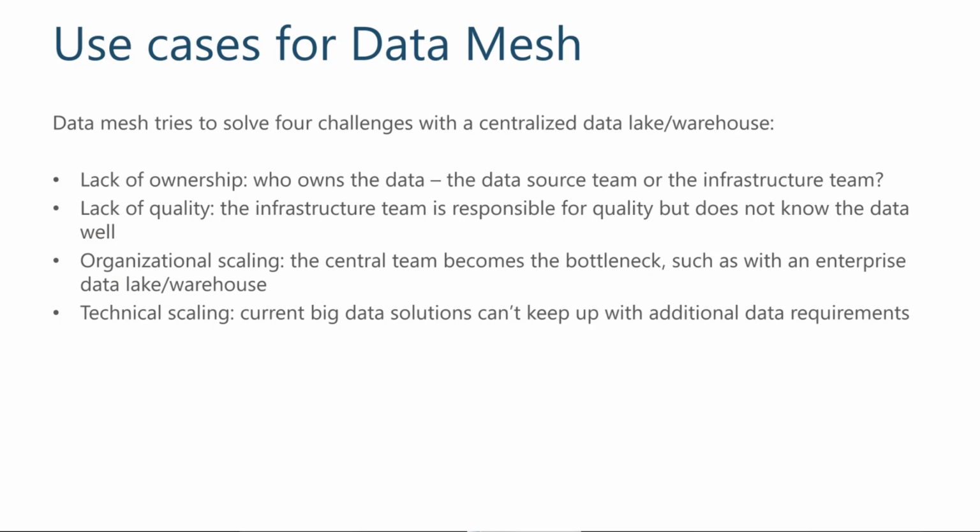They're adding additional teams in there, and they're all taking care of the management of the data, the quality of the data. So it solves the quality issue. It defines who owns the data. It allows you to scale organizationally as well as technically because of those teams that are in each of those domains.